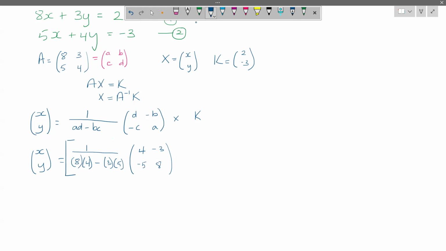D is 4, A is 8, minus 3, minus 5. We know we have to work out this part here first before we multiply by 2 and minus 3.